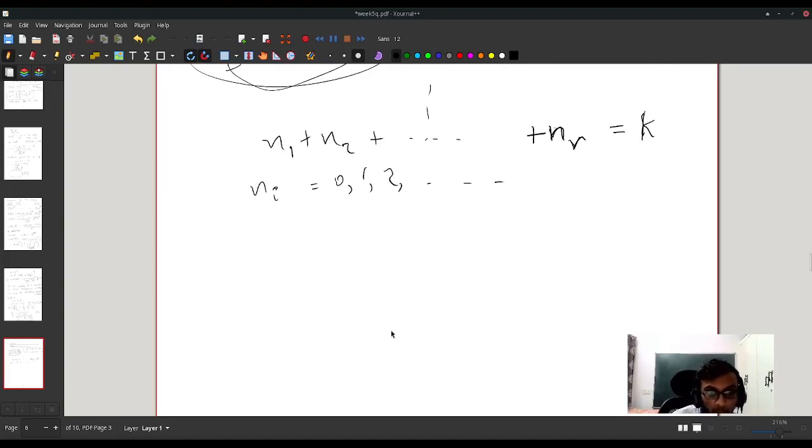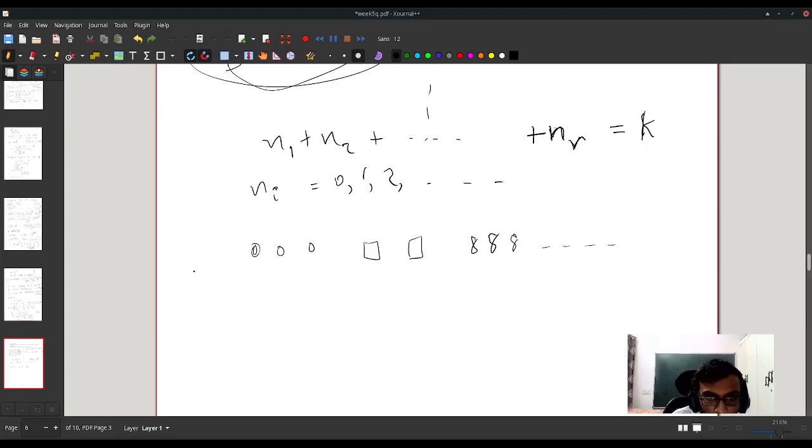We can try to arrange all the fruits of one type in a straight line. So let's say we are going to arrange all the oranges first, and then all the apples next, and all the mangoes next, and so on.